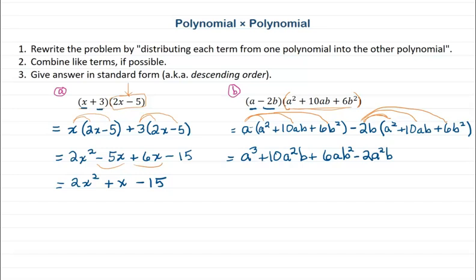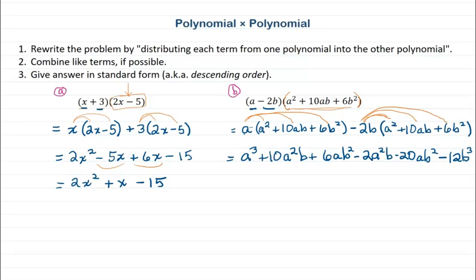It's negative 2 times 10. It's going to be a minus 20. Okay, and then we have a and b squared, right? a, b squared. I'm going to fix my 20. Okay, and finally we have negative 2b times positive 6b squared. So we'll have a negative 12b cubed.